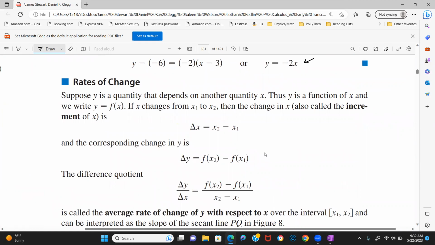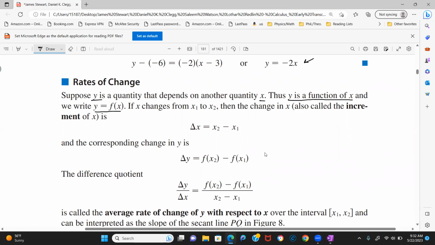So here's the discussion. It says that suppose we have some quantity y that depends on another quantity x, which is just anything you do in science, say. Even in mathematics, you're always thinking about how one quantity depends upon another quantity, or more generally how one thing depends upon another thing. Another way of saying that is that y is a function of x, so we can write this.